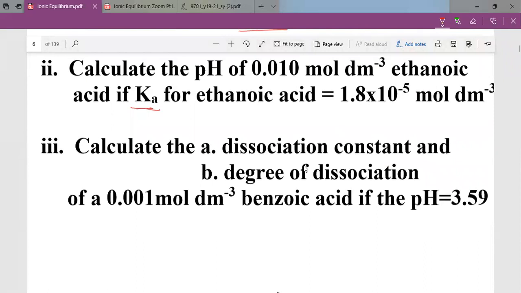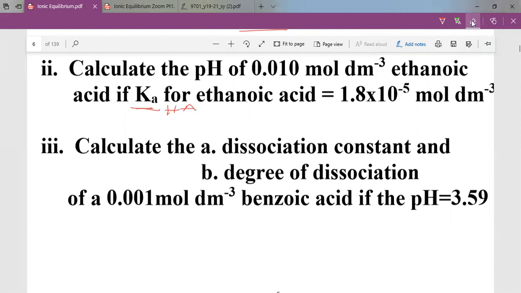Here, let me do it first. Remember, you can use Ka here. Let's say you put HA reversible H plus and A minus.